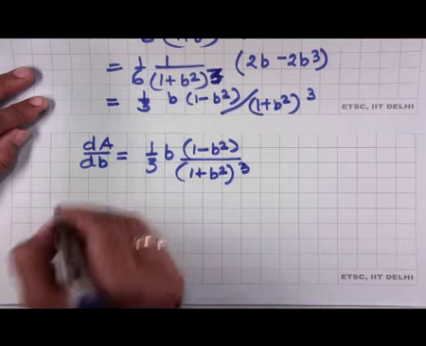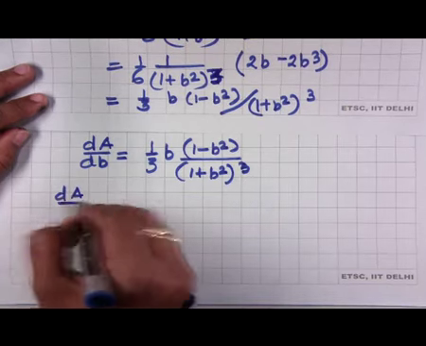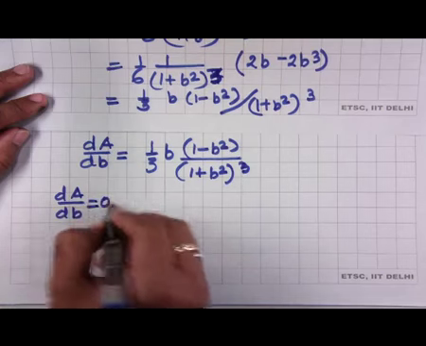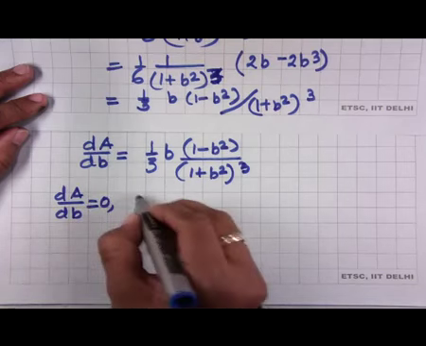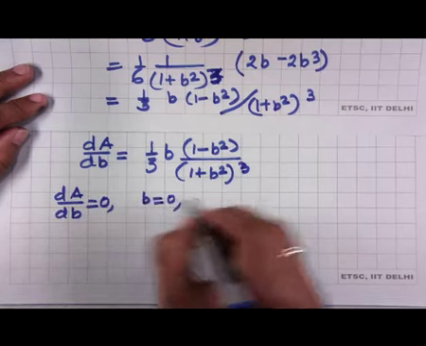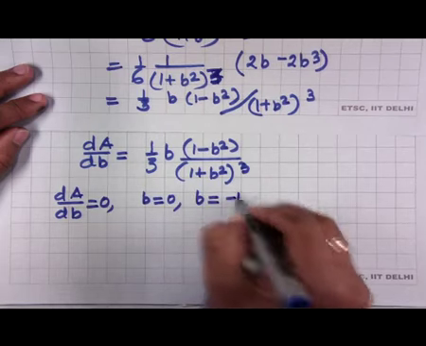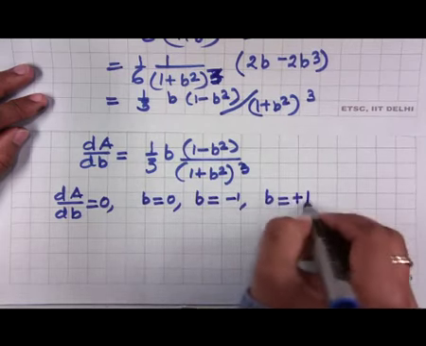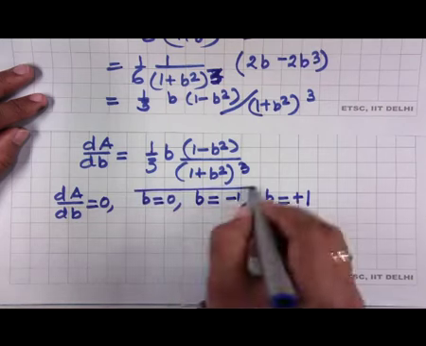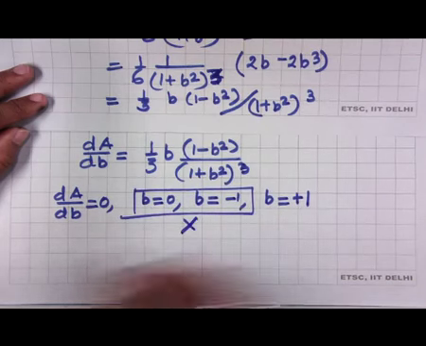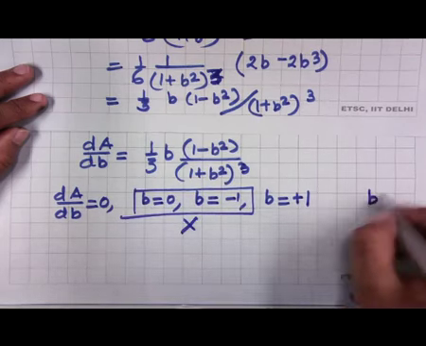Now dA by dB equals 0 will give you the required points where this can be maximum or minimum. So we get b equals 0, b equals minus 1, b equals plus 1. So these two values we have to ignore because b is positive.